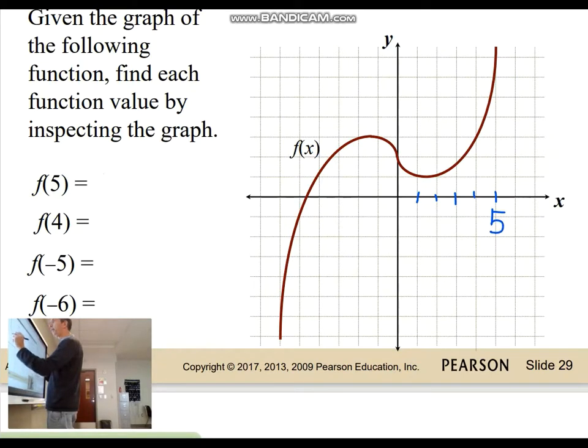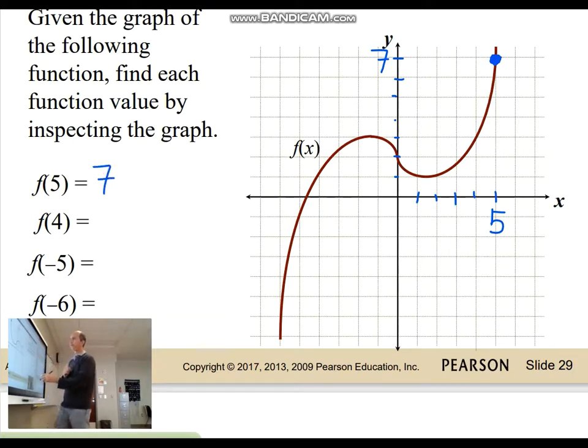And at 5, we have a point, I think, here. Right? And the y is going to be 1, 2, 3, 4, 5, 6, 7. So f of 5 is going to be 7.